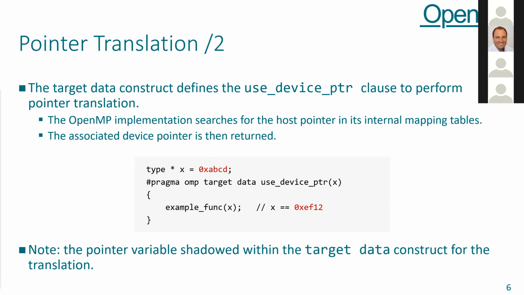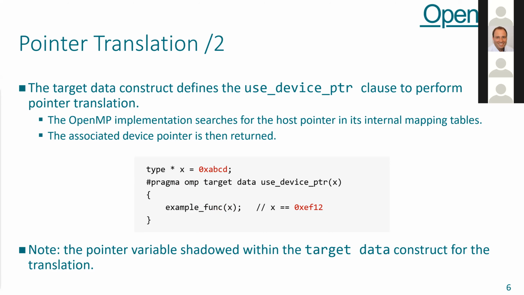So OpenMP shadows the original variable X with another X that now contains the device pointer. We do that so that you don't have to make extensive code changes. If you just cross out the directive, that code will still work because the translation won't happen. But if you have the corresponding target data use_device_ptr with the shadowing, the same code now works on a GPU because that pointer translation has been substituted into the X variable.